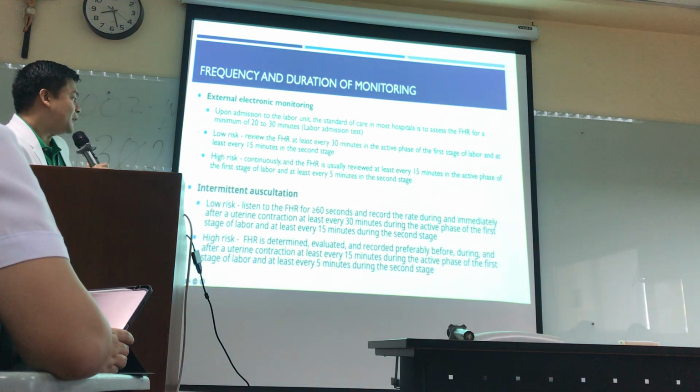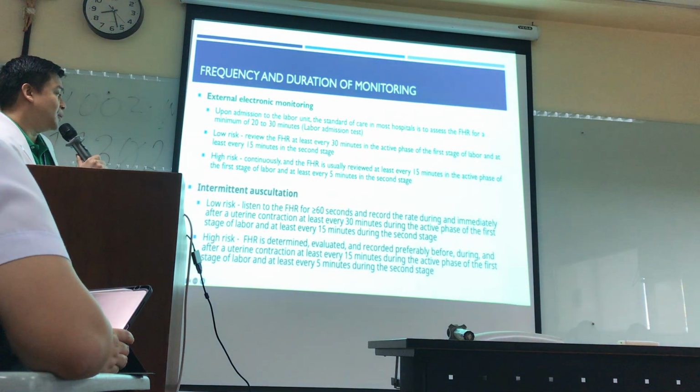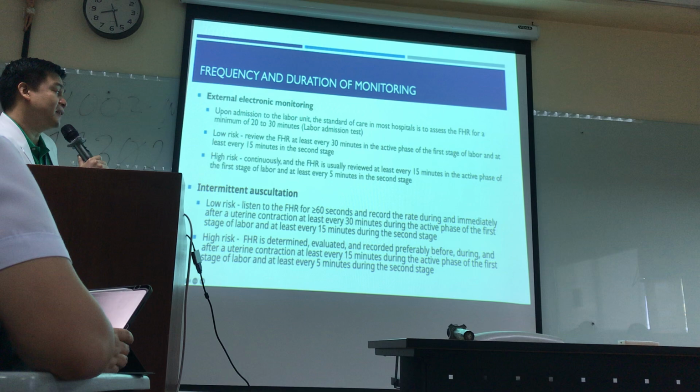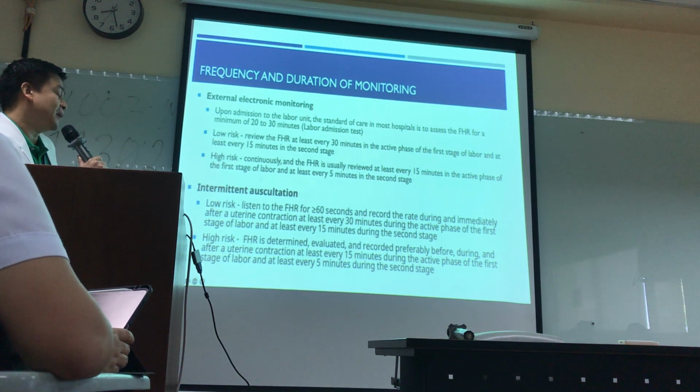For intermittent auscultation, you can also listen to the fetal heart rate for 60 seconds and record the rate during and immediately after a uterine contraction at least every 30 minutes during the active phase of the first stage of labor, and at least every 15 minutes during the second stage.